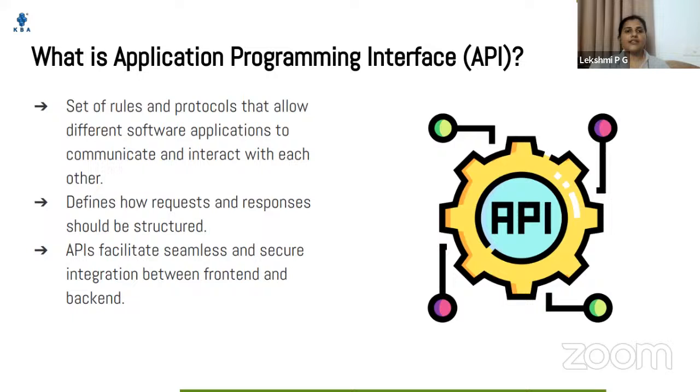This task is done by APIs, application programming interface. These APIs get the request from the client, from the front end, give the request to the backend, take the result from the backend and give it back to the front end. The whole task is done by the APIs.